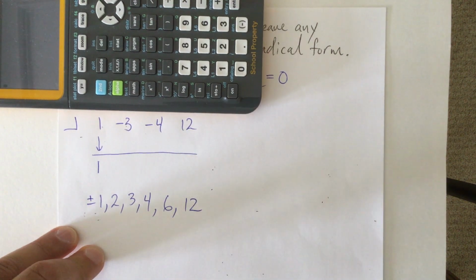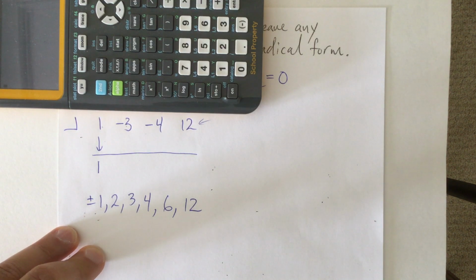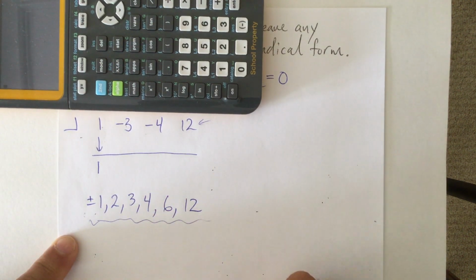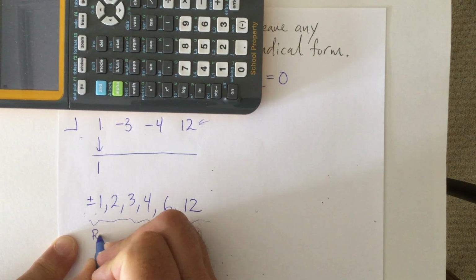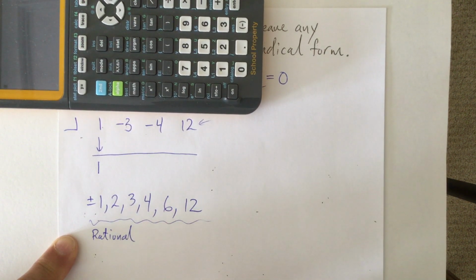What I'm showing you right here is based on the last number in my list. It's called the rational roots theorem. We will talk about this more, but it has a name. Why do we look at these numbers only? Rational is a fancy way to say fractional, even though these are all whole numbers.